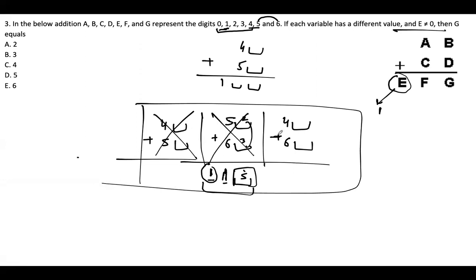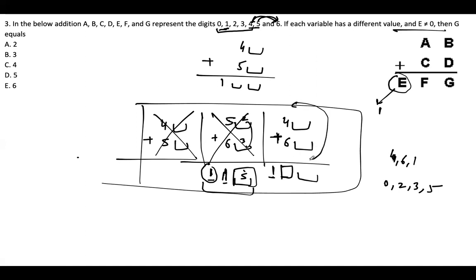The only possibility that you are left with is 4 and 6. If we are having 4 and 6, and let's say a 1 here, you have used 4, 6, 1. You are left with 0, 2, 3, 5. So will there be a carry forward?